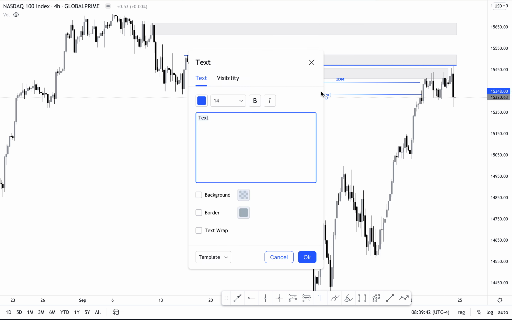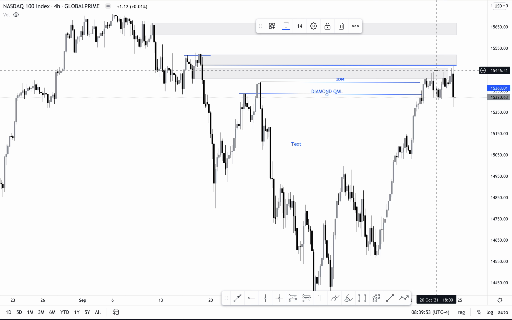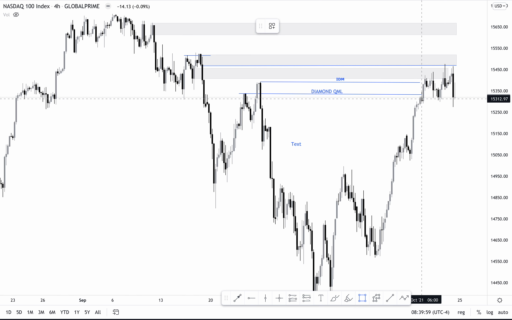It became the diamond QML. So this is the diamond QML, the QML that fell. Then we need to look for the market to sell above. And also the only thing that you need to pay attention to again is this zone. What do you see about this zone here?